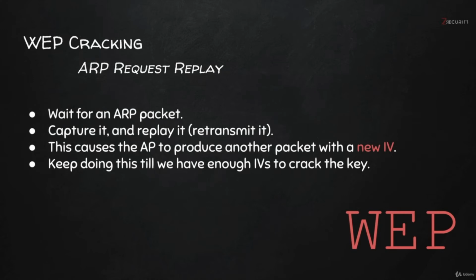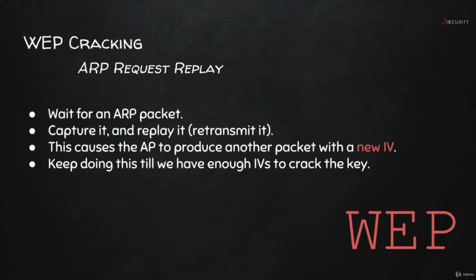So the idea behind this method is to wait for an ARP packet, and I'll talk about ARP in more details later on. So for now, just think of it as a special type of packet that we're going to be waiting on. Once this packet is sent in the network, we're going to capture it and retransmit it.